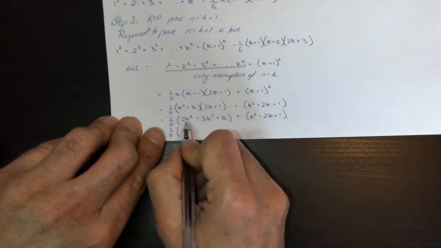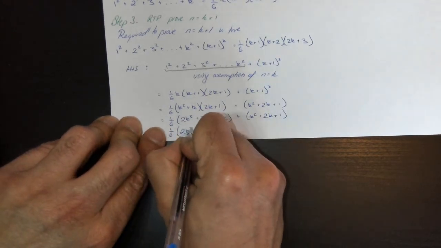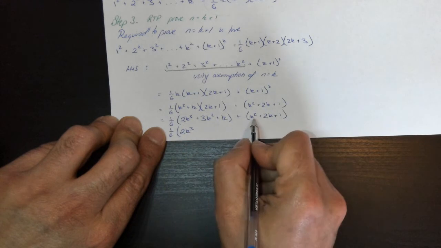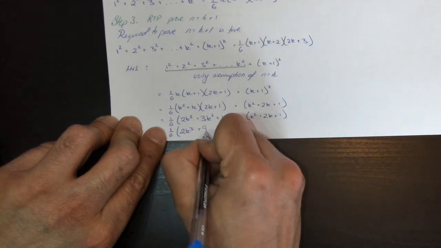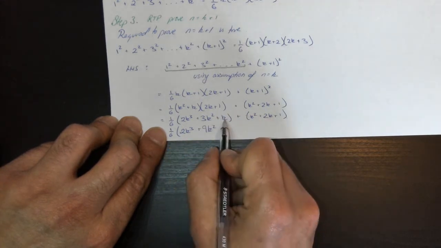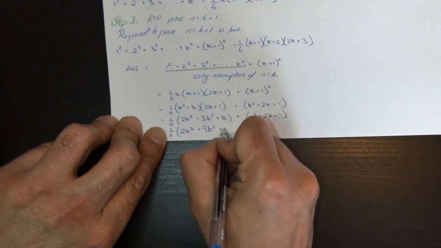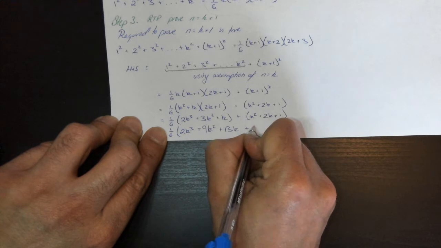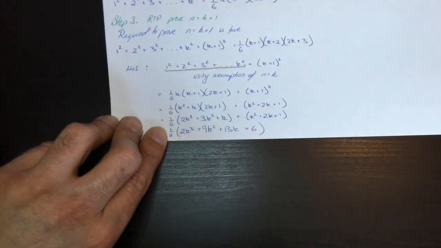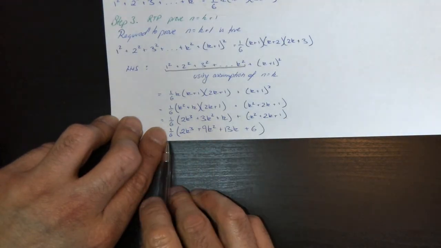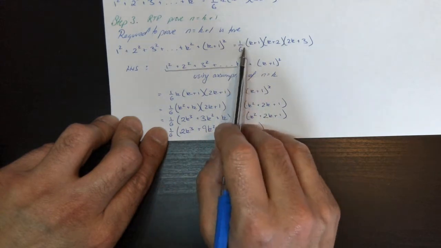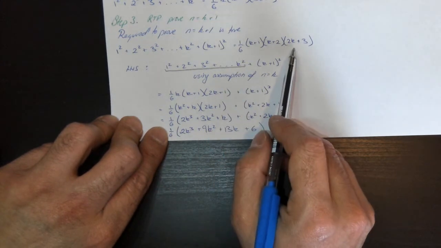So I keep my 2k cubed. 3k squared plus 6k squared is 9k squared. 1k, and I multiply that by 6, so that's 12, plus 1 is 13k, and plus 6. Okay. Now that doesn't look like that at this stage.